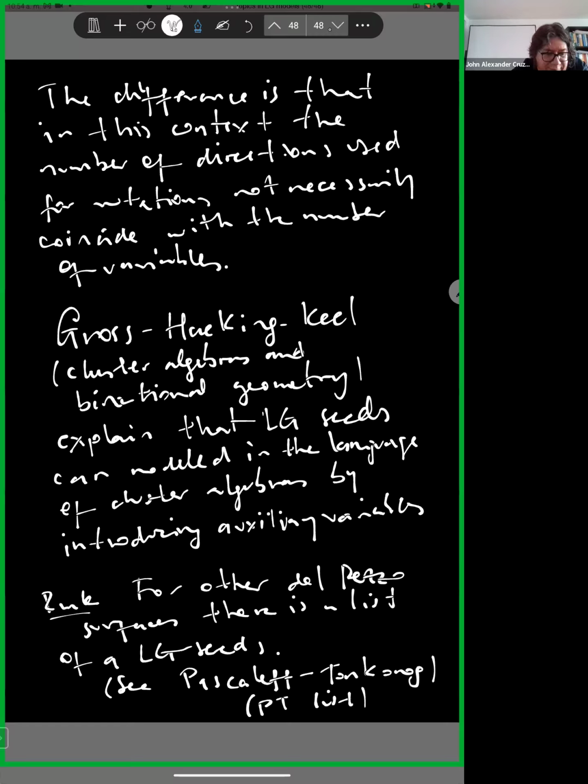So, for example, an interesting example is the blow-up of CP2 at 4 points. Remember that last time we said that this is M0,5 bar.